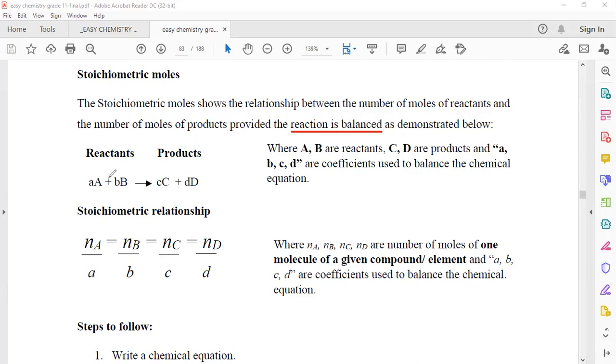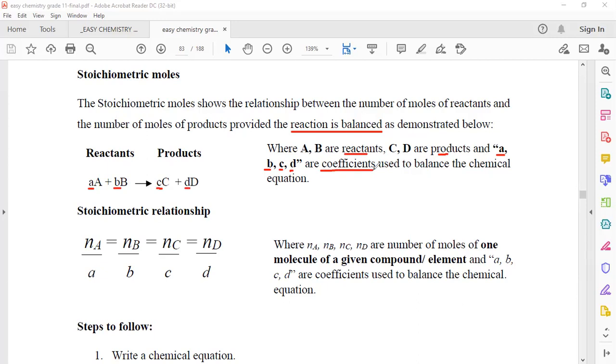If we have a reaction as usual, reactants and products, there are these small letters that I have used against the capital letters. The capital letters A, B mean reactants, then the capital letters C, D mean products. These small letters a, b, c, and d are called coefficients.